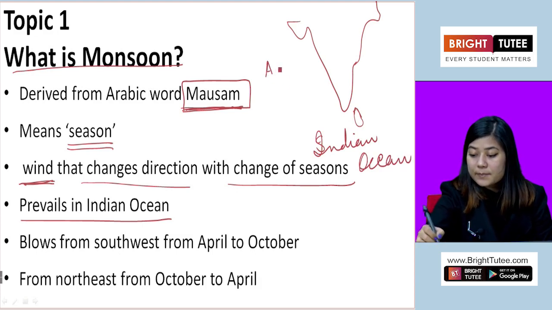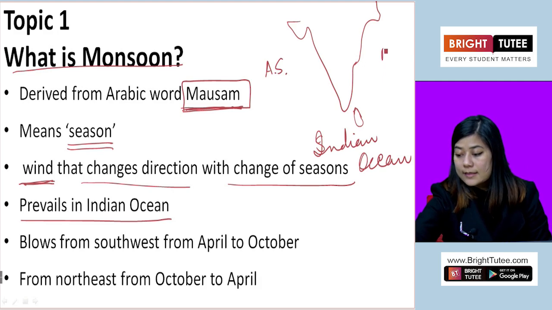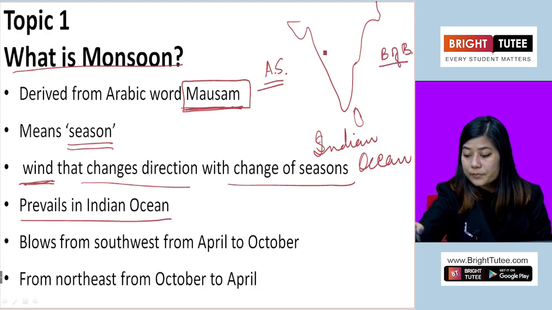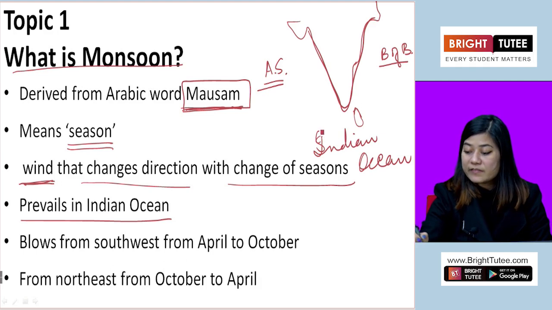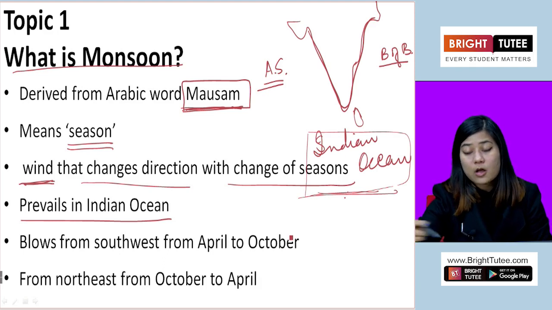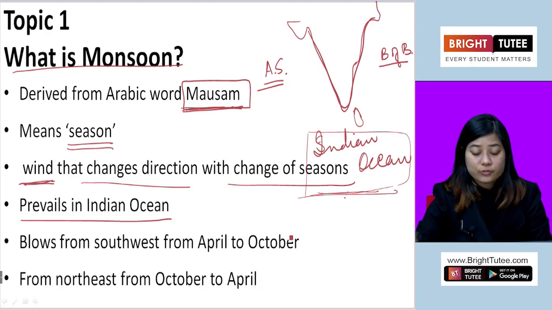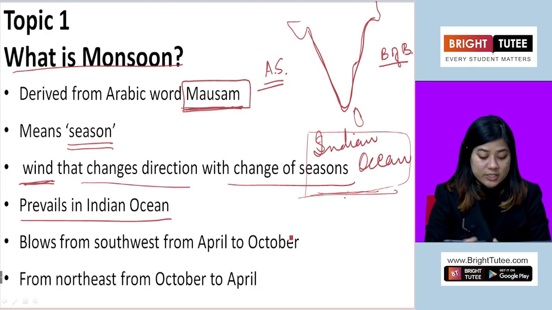This is the Arabian Sea and this is the Bay of Bengal. Alright. So the monsoon, they basically prevail here. They are found here, that wind. And from here, the wind blows across India and to other parts of Southeast Asia.